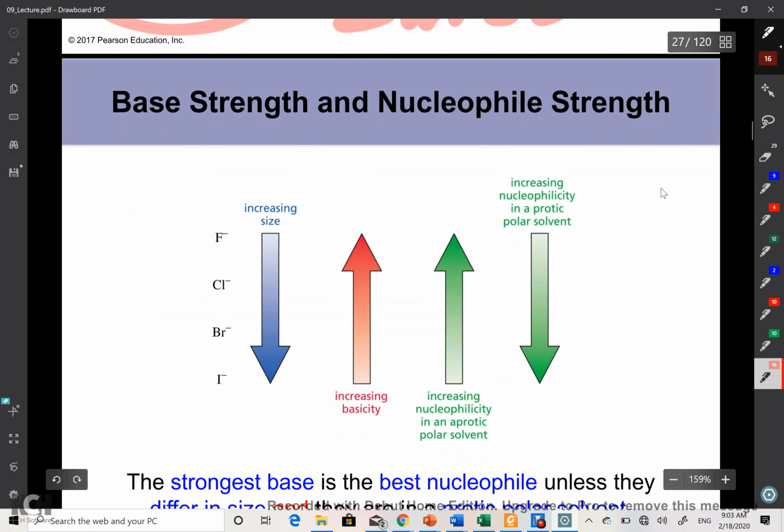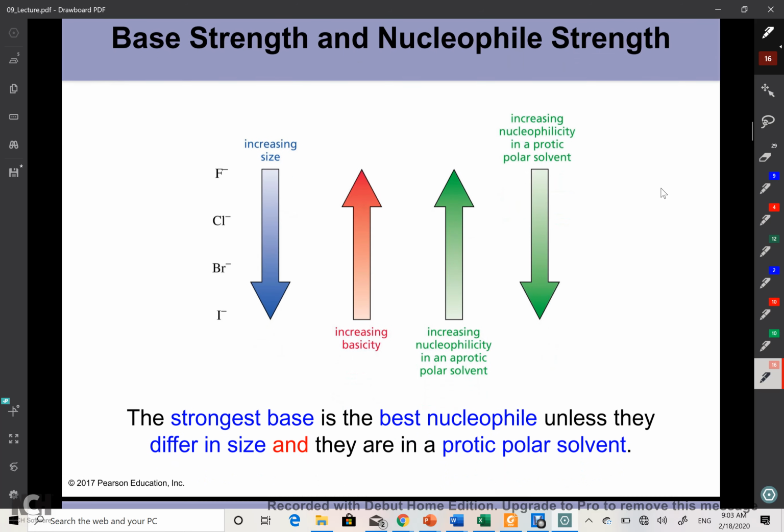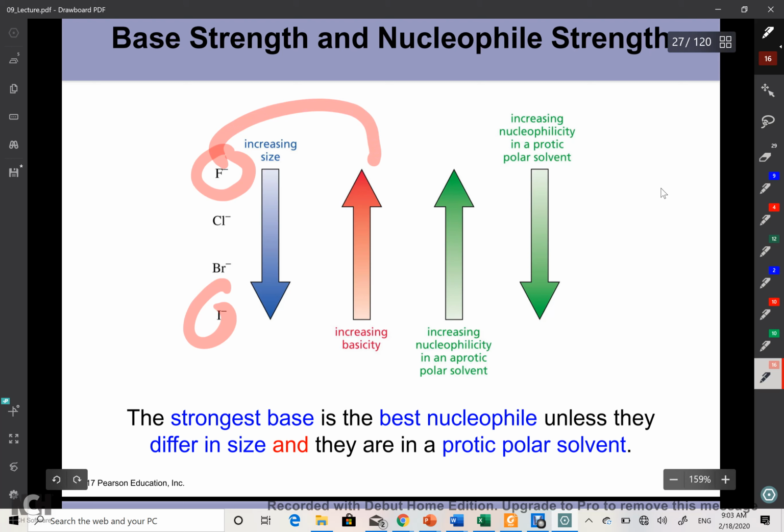So, as a summary, this is another summary here. Here, we're looking at those different bases. We are increasing in size as we go down. Fluoride is smaller in size compared to the iodide, and the basicity increases in the opposite direction. The fluoride is a stronger base. The iodide is a weaker base.